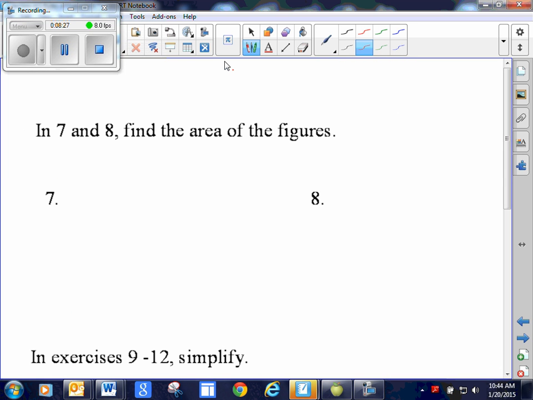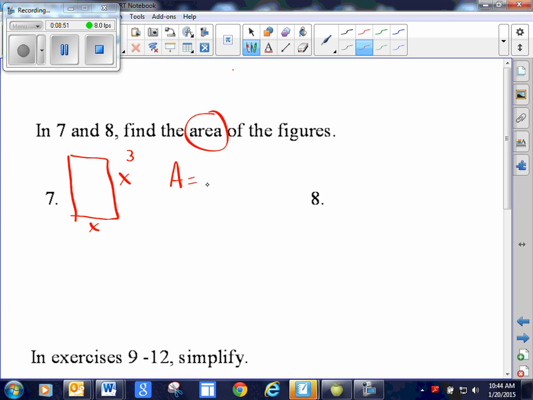We're on the back side now, you've got some geometric figures. We're going to find the area of these figures, and we're going to use our quotient rule and our product rule. So I think the first one you have looks like this. One side is x, one side is x cubed. It's asking us to find area.